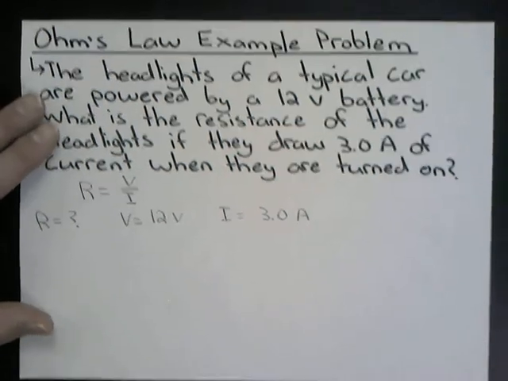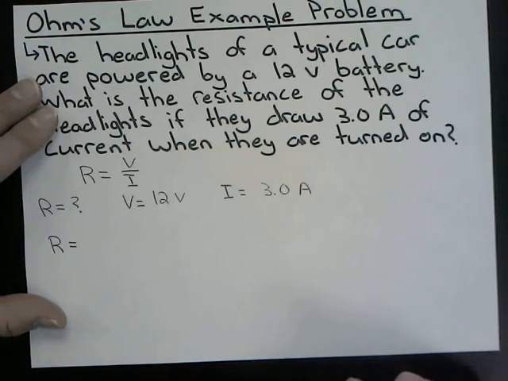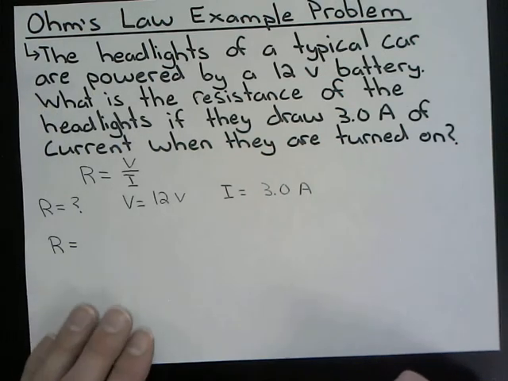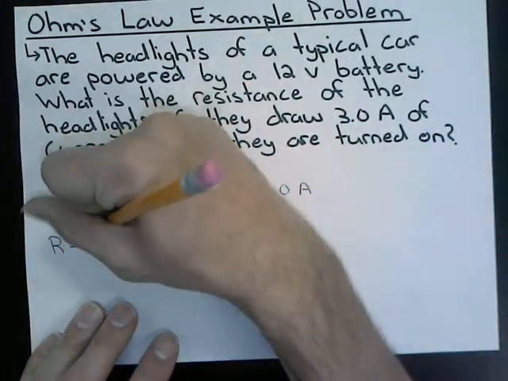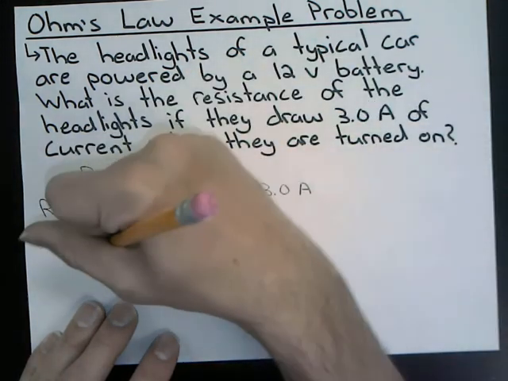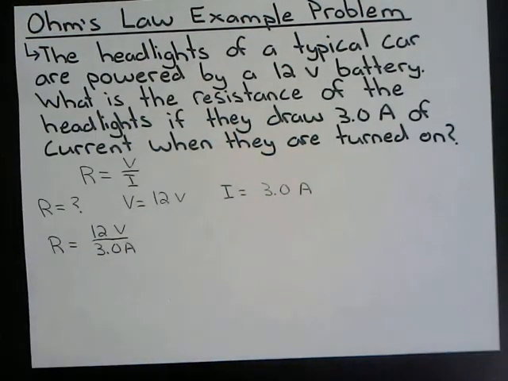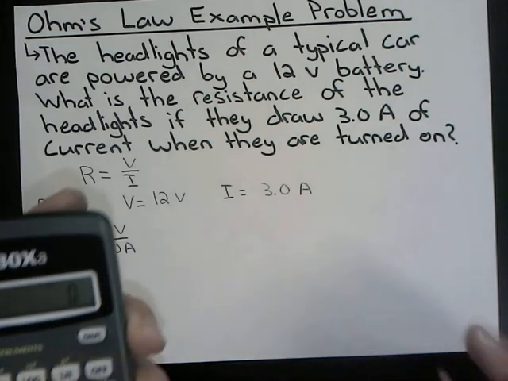To find the resistance, all we need to do is take R equals our volts, 12, divided by our I for amps. We're going to take out our calculator and take 12 divided by 3.